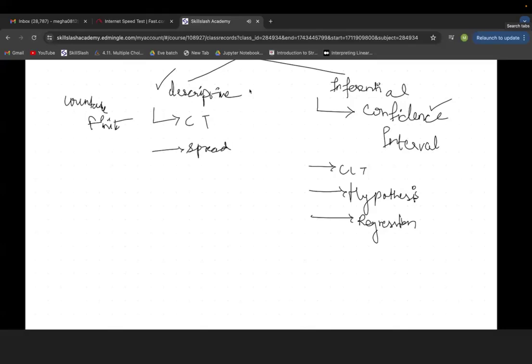Which means what? Suppose I ask you to measure the height of every person between the age gap of 18 to 20. I'm not telling you what is the exact population. I am telling you, go roam around the world, find the people of age gap between 18 to 20, measure their height, give me that entry.